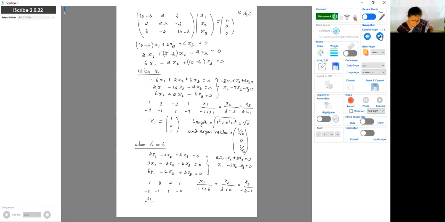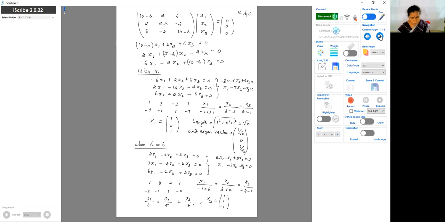So it is x1 by 5, x2 by 5, and x3 by -5. So throughout we can divide by 5. So our next eigenvector x2 is 1, 1, -1.